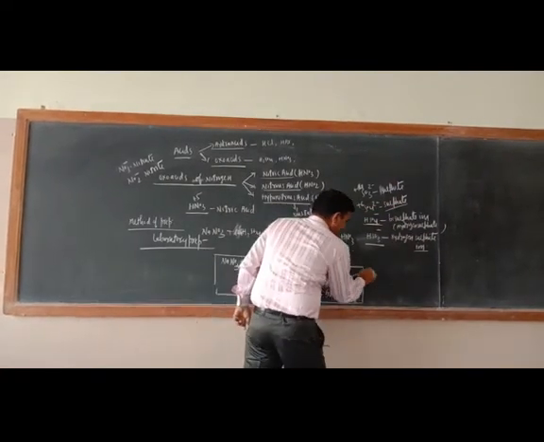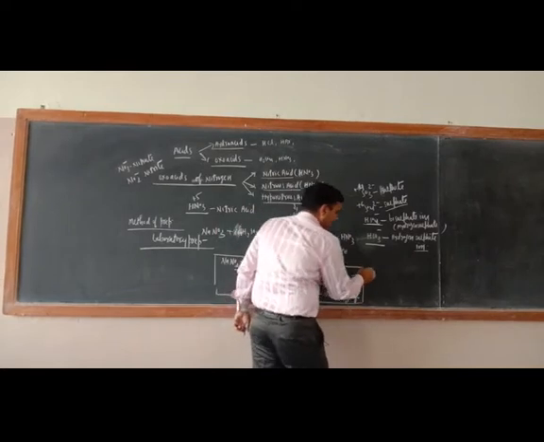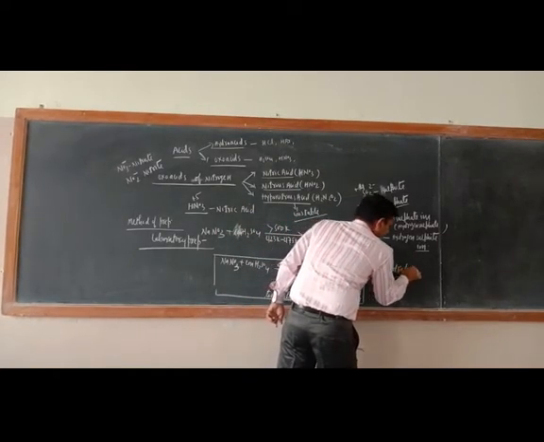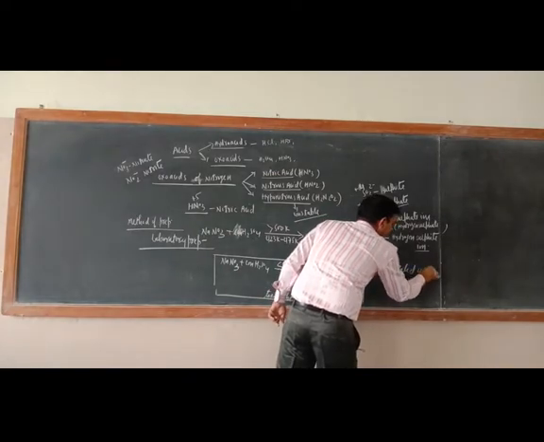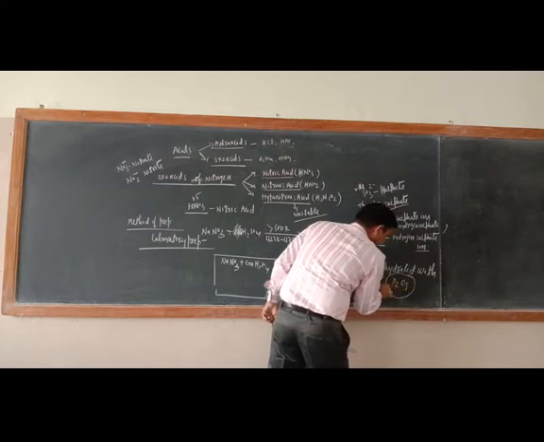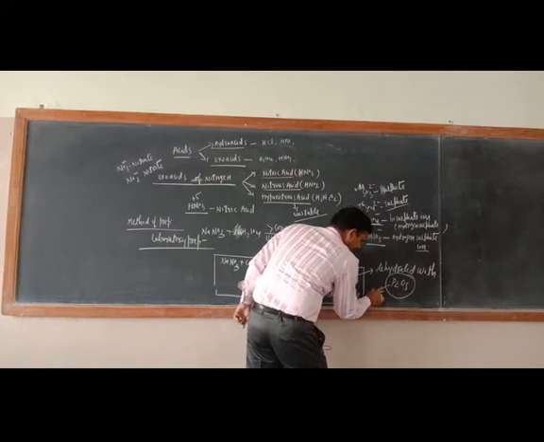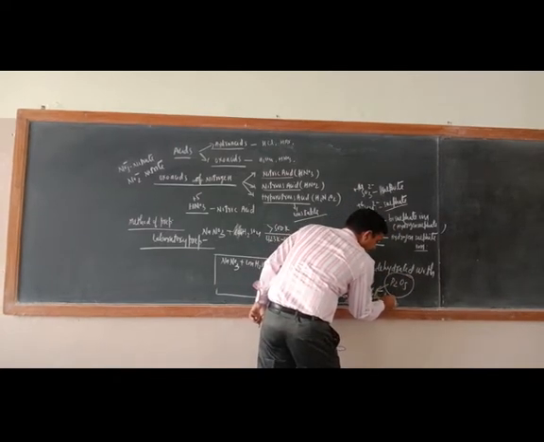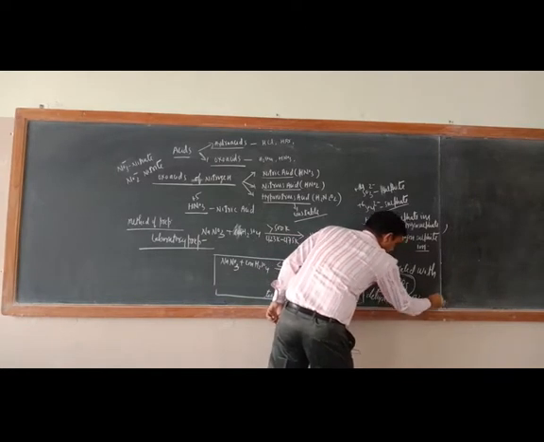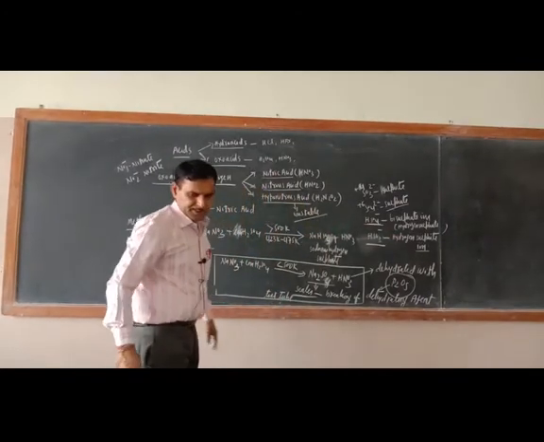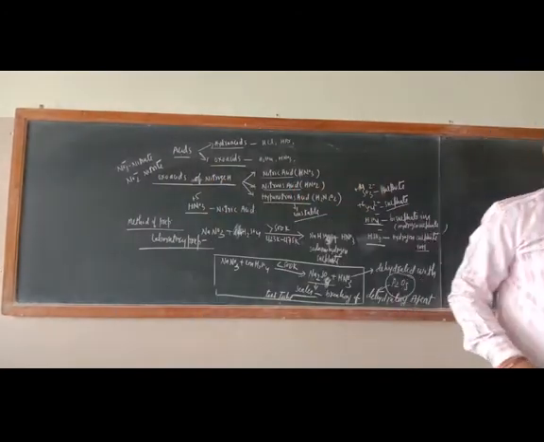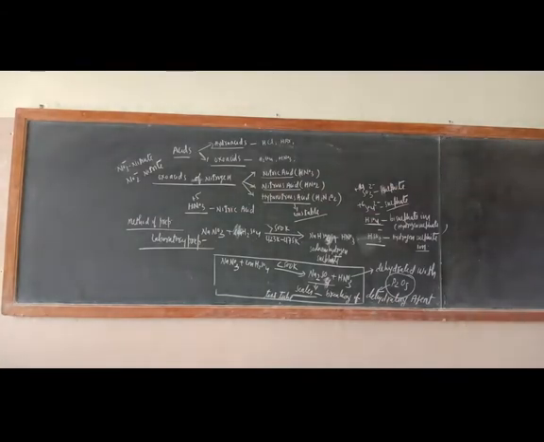So it should be distilled with or dehydrated with P2O5. P2O5 is the dehydrating agent. In this way the laboratory preparation is over. Now the next method is the Ostwald process, for the large scale production of nitric acid.